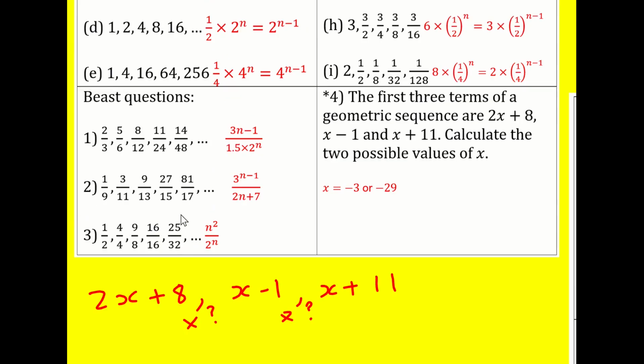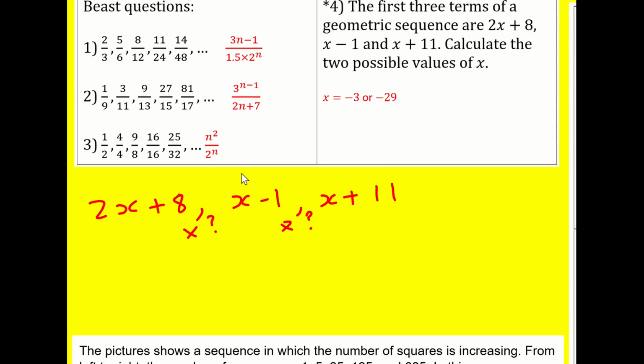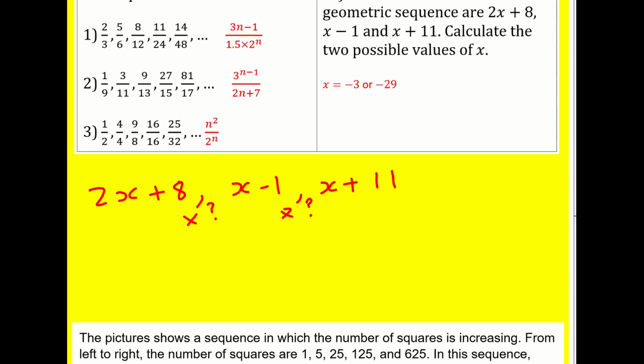How do we find the multiplier? Well, we do the second term divided by the first term, or the third term divided by the second term. So the multiplier is going to equal x minus 1 over 2x plus 8, the second term divided by the first term. But it's also going to equal the third term divided by the second term. And we've got ourselves an equation to solve.